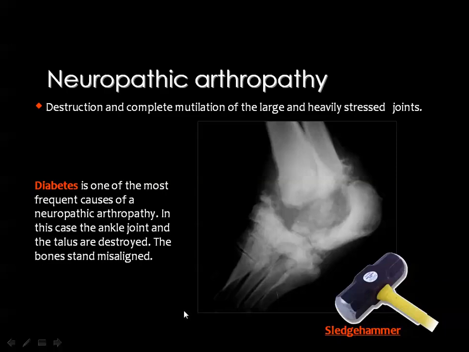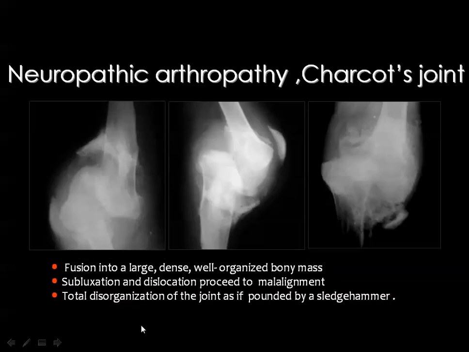The changes are sometimes simulated as if you have hit the joint by a hammer, and you got too many fractures, you got destructive changes in the bones. As I have said, the bone sclerosis is one of the main issues here in the neuropathic arthropathy, and you get periosteal reaction, of course, and extensive soft tissue abnormalities.